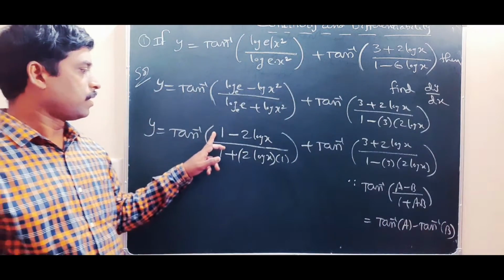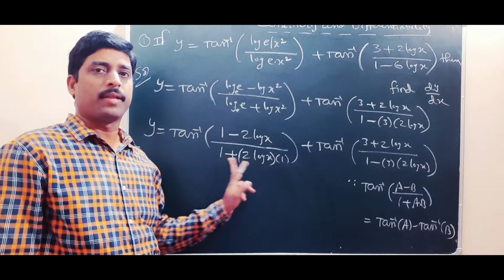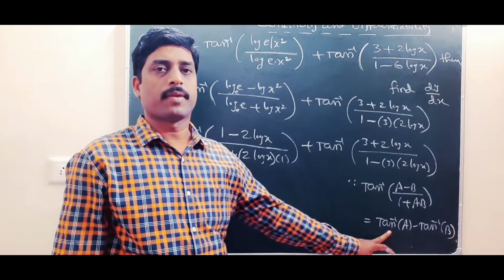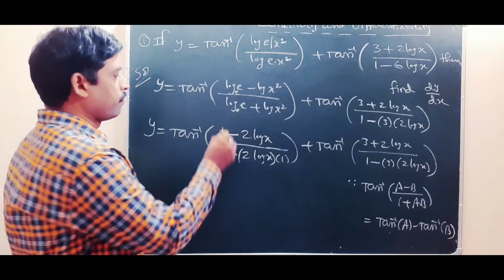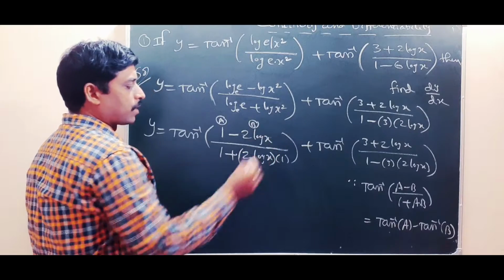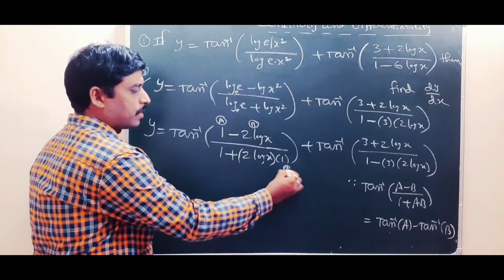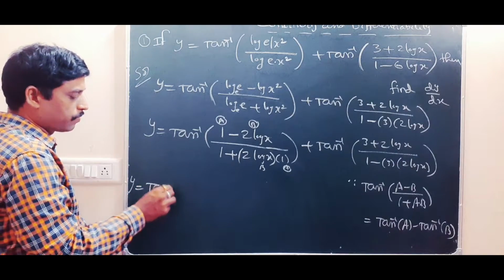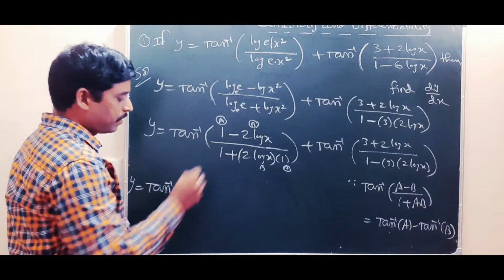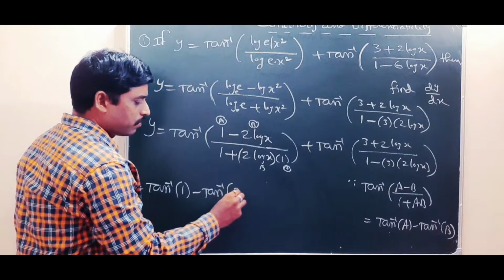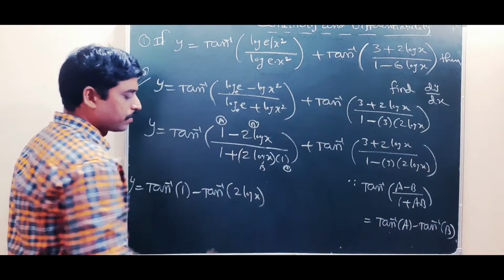So by using this formula, where a place we write 1 and b place we write 2 log x, y is equal to tan inverse of 1 minus tan inverse of 2 log x.